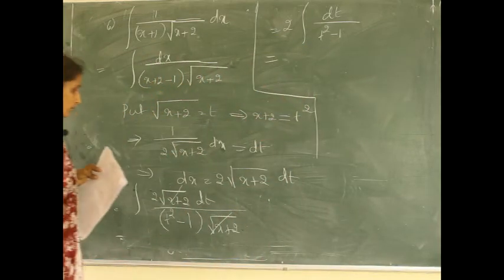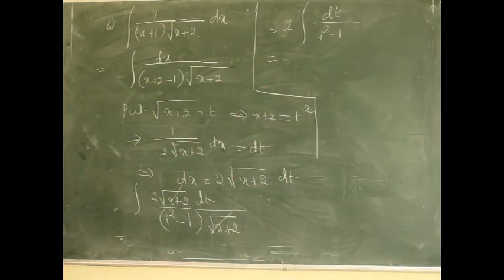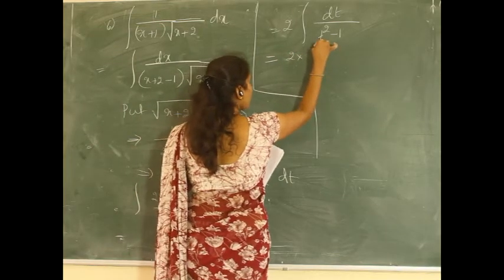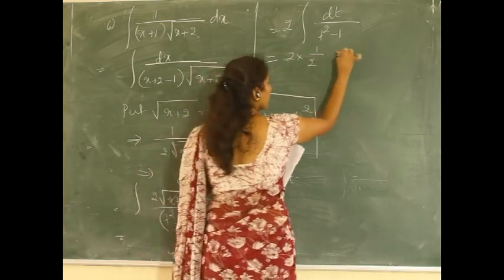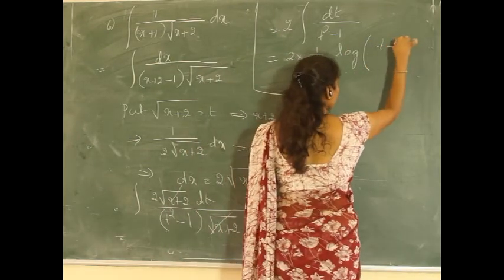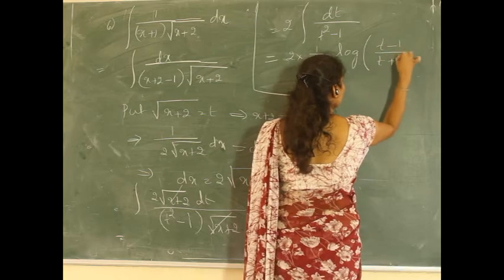So 2 into the integral of dt divided by t square minus 1. What is the integral value of this? 2 is a constant as it is. 2 into 1 by 2 log of (t minus 1) divided by (t plus 1).